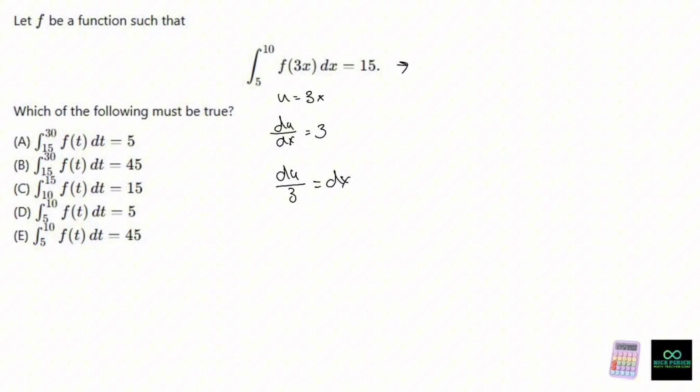So now that can be written as the integral from 5 to 10 of f of u, be careful, du over 3. So let's rip out the 1/3: 1/3 from 5 to 10, f of u du.